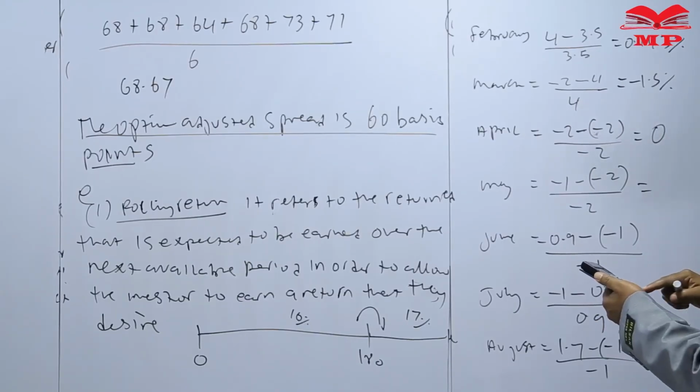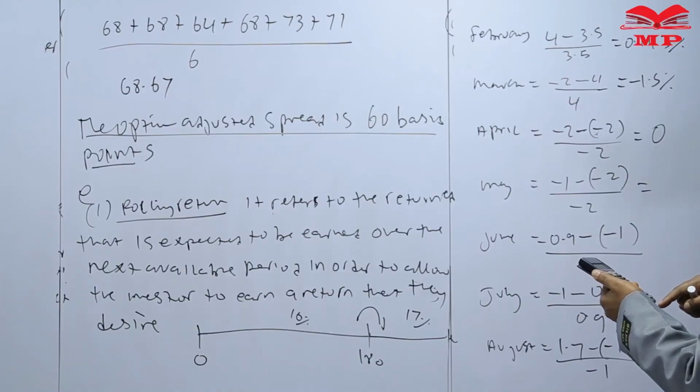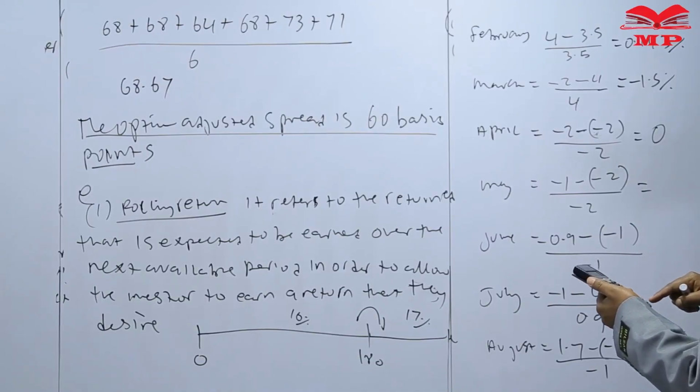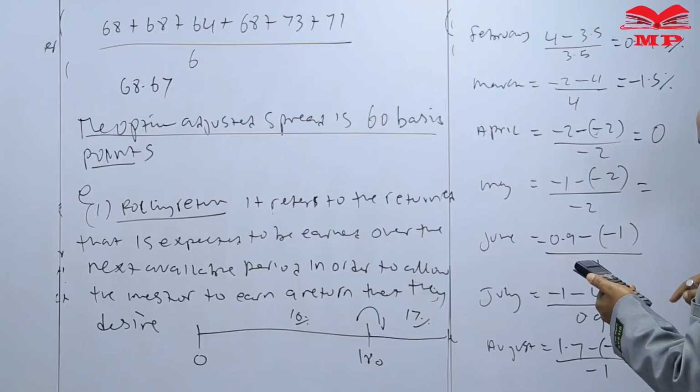This is minus 1 minus minus 2 divided by minus 2, which gives minus 0.5.